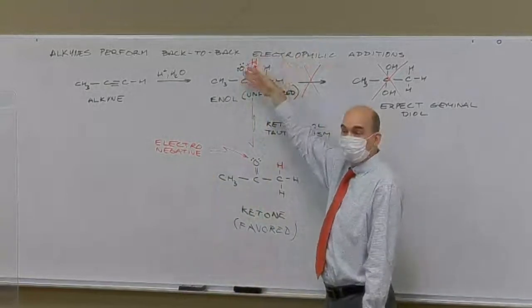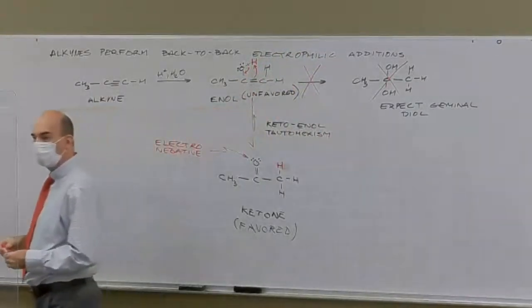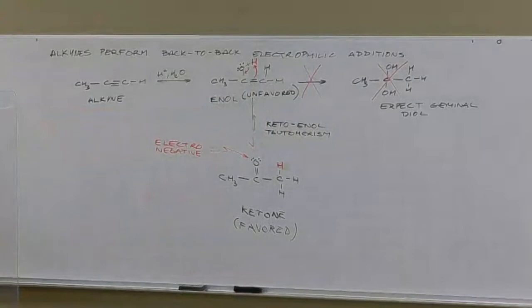You can take the hydrogen. I'll take the electrons. Having a pi bond to an oxygen is a better bet than having a pi bond to a carbon, because oxygen's electronegative. It's supposed to have the electrons.